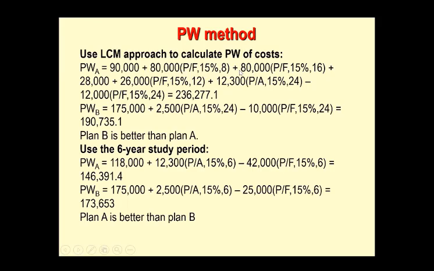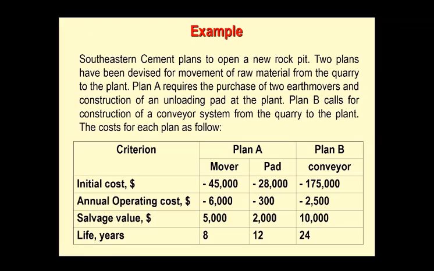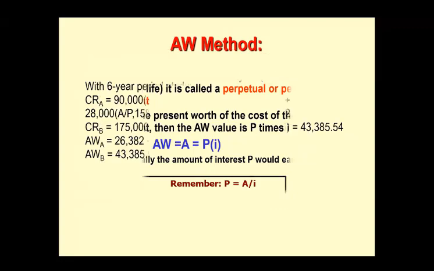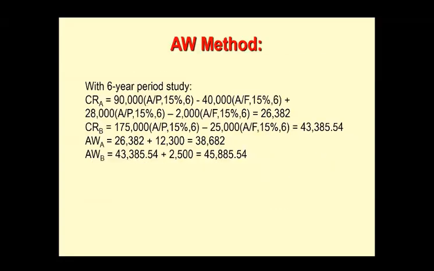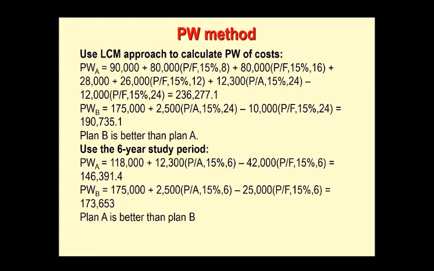Now, plus 80,000 times the single payment present worth factor with the number of periods 16. Period 16 is the beginning of the third cycle, because the earth mover has a service life of 8 years per period.